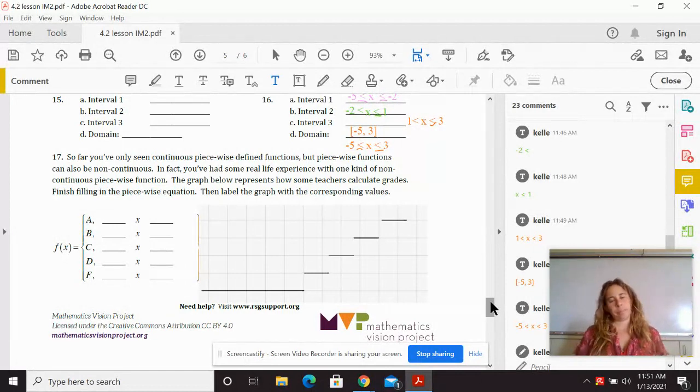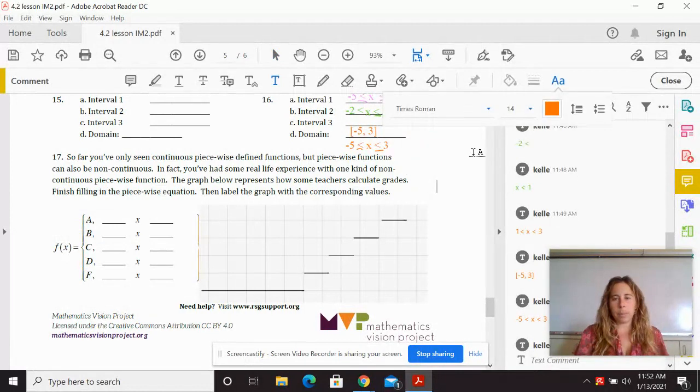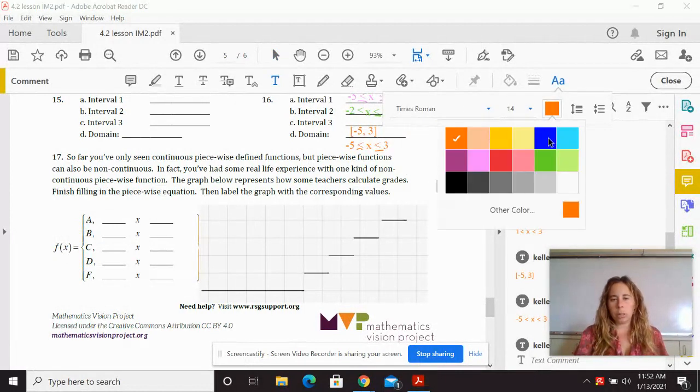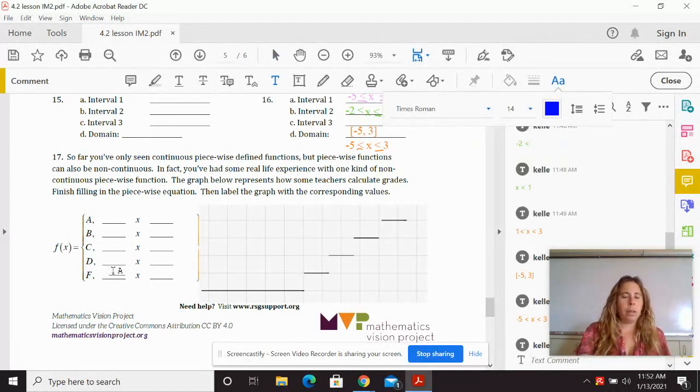Okay. Let me get this and let's make it not orange. Blue. So, I know this looks strange. What you're doing is you're going to fill in the values. So teachers give you a letter grade, generally, A, B, C, D, or F, right?